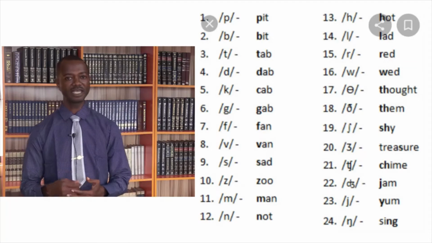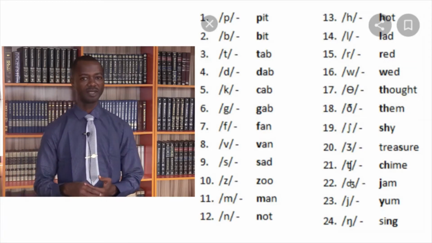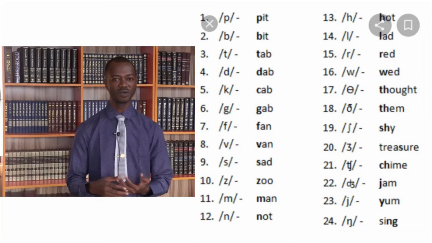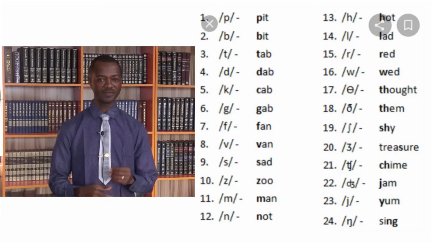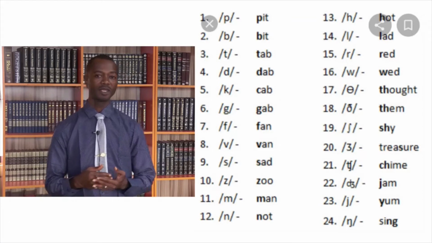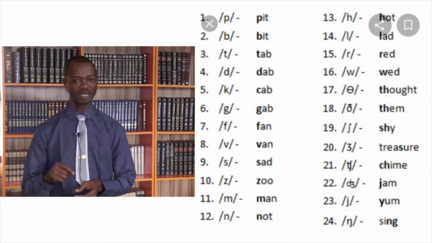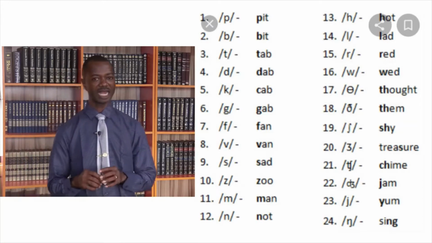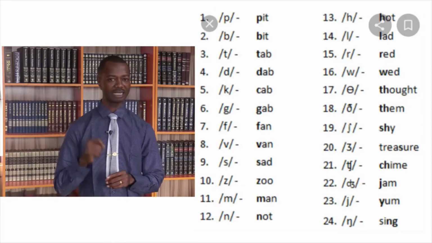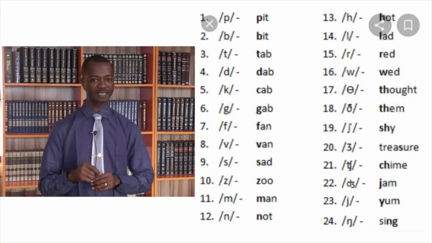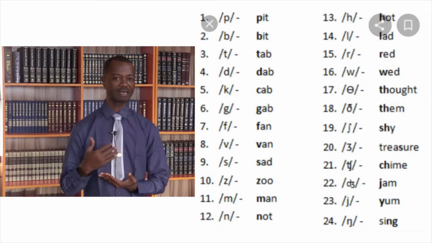Then we have the F sound, like you have in words like fool, father. So in fool and father, the consonant F is at the initial position. Mind you also, the F sound can be realized with two letters. And that brings me to what is called a digraph.